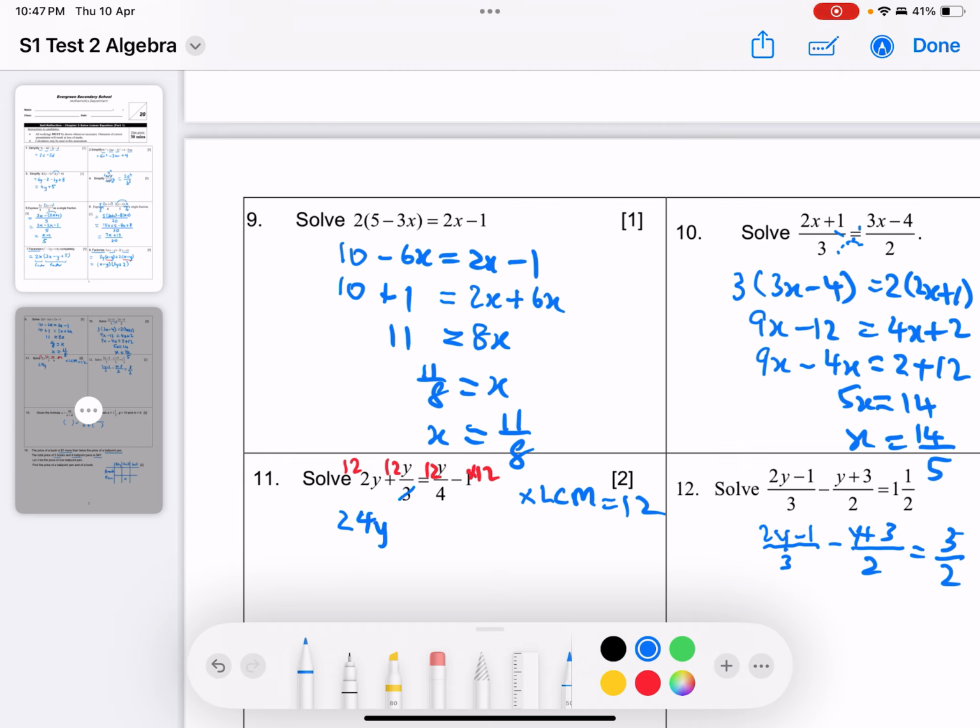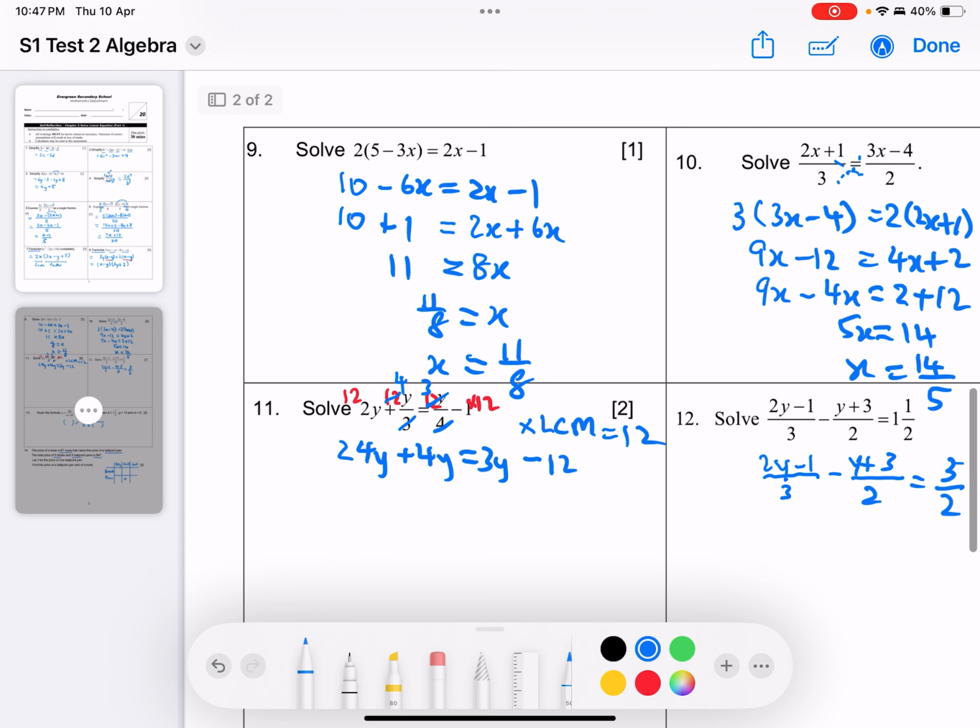And here we can cancel the denominator. So by multiplying by the LCM, we will get rid of the denominator. So the sum becomes easier.